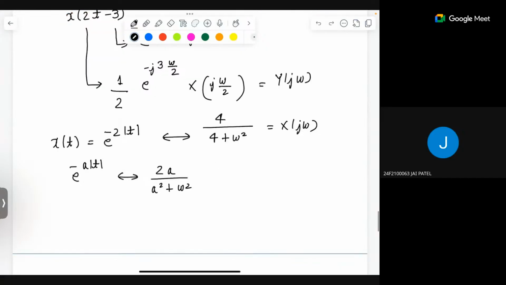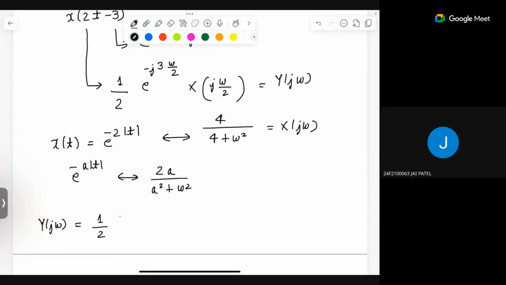So let us do it. Y of j omega is half e raised to the power of minus j 3 omega by 2 multiplied by, so this was x of j omega. I have to replace omega by omega by 2 over here.